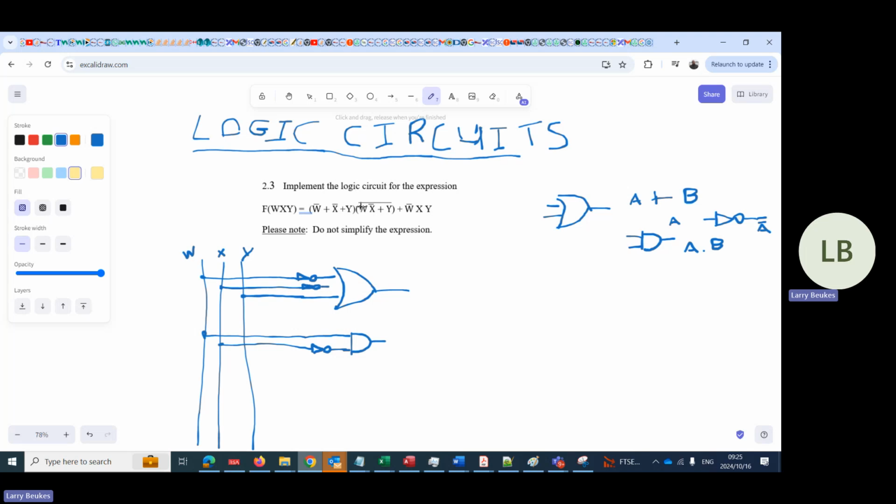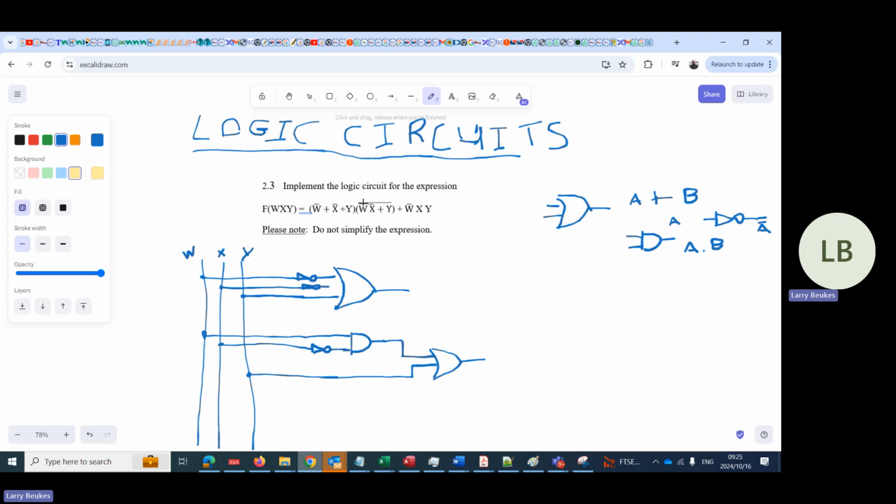Then we know we need to OR this whole thing with this variable. So we take Y. We take Y, and then it's going to be an input into this 2 input OR gate, right?